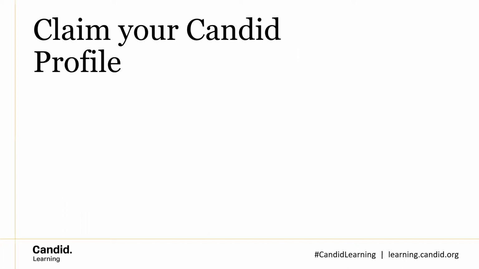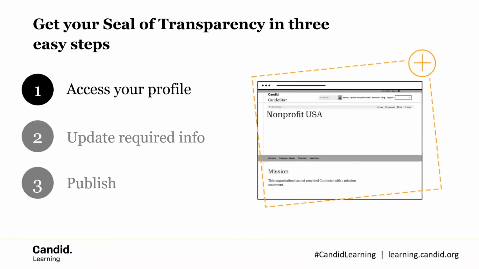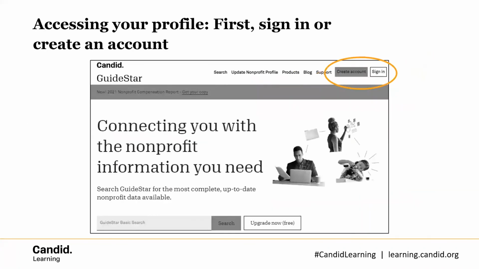Let's actually get into accessing your profile and claiming it. So we'll start with accessing. I'm just going to show you step by step how to go about claiming. To claim your profile, you will need to register for an individual account on guidestar.org. If you haven't done that yet, you will need to do so.